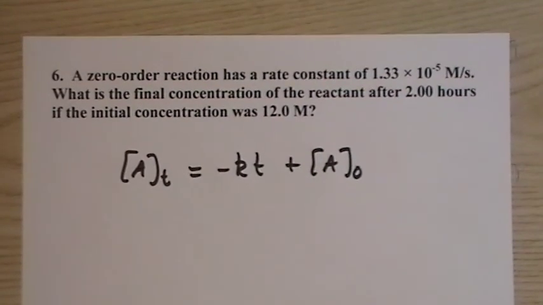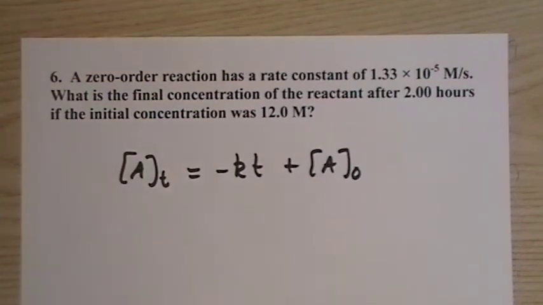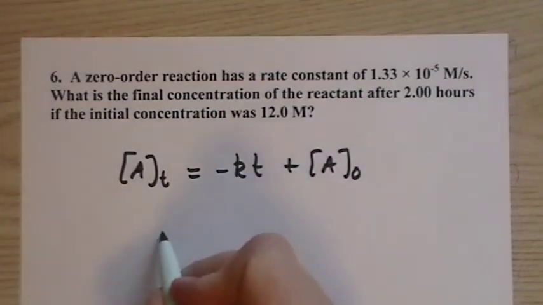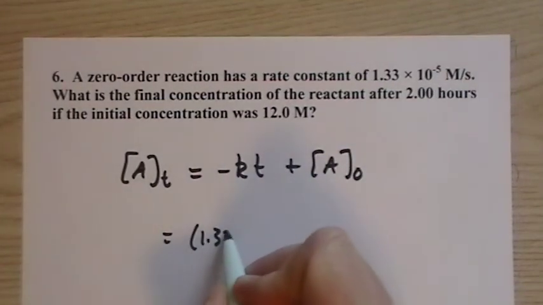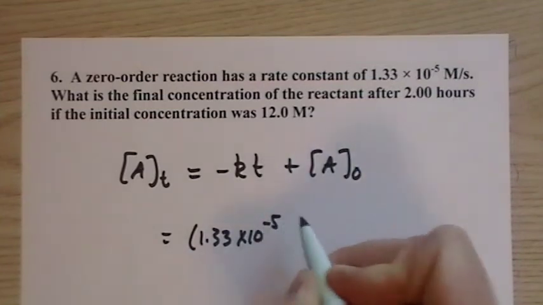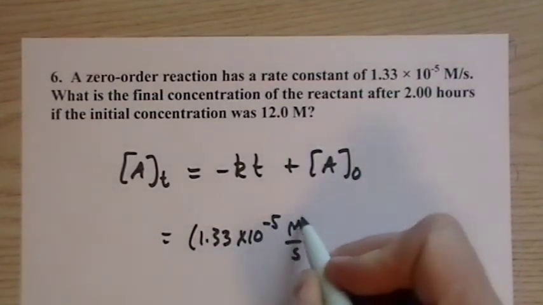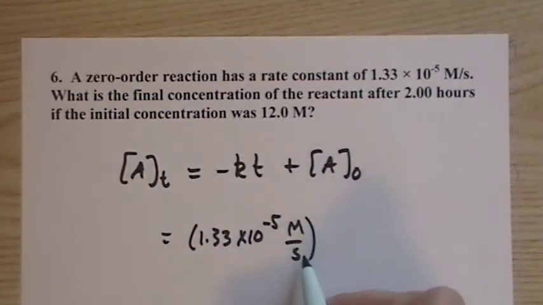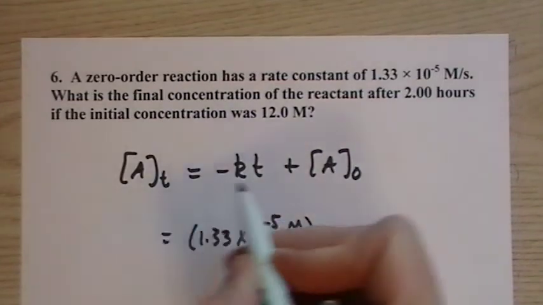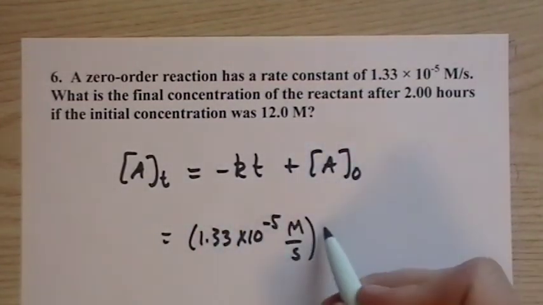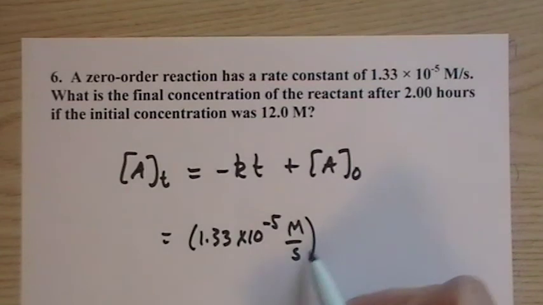So we have a zero order reaction. You need to know that that's what this equation uses, this zero order integrated rate law. The rate constant is 1.33 times 10 to the minus 5 molars per second. Those are different units, but notice that this is molars, this is molars, and time is seconds, so those seconds will cancel.